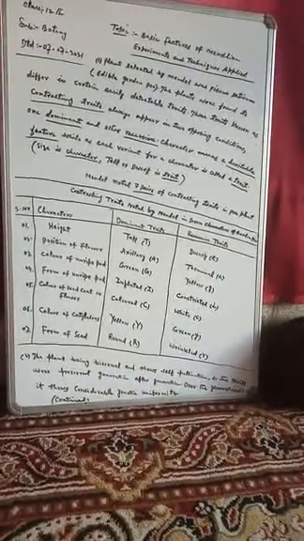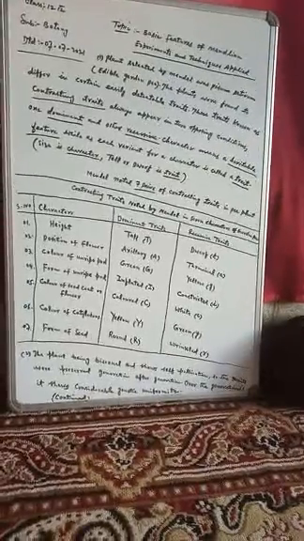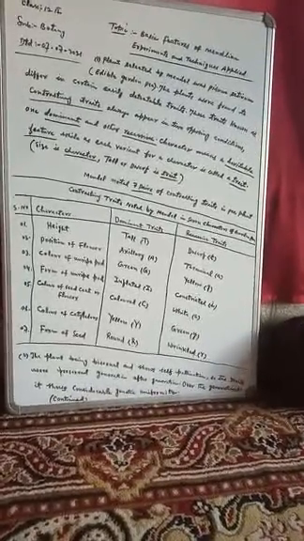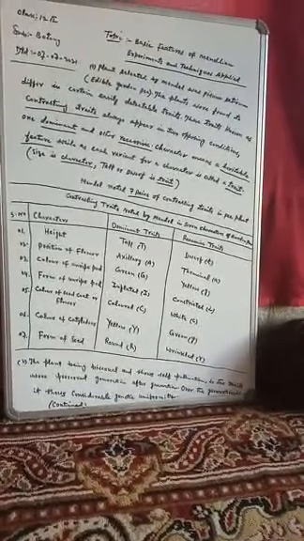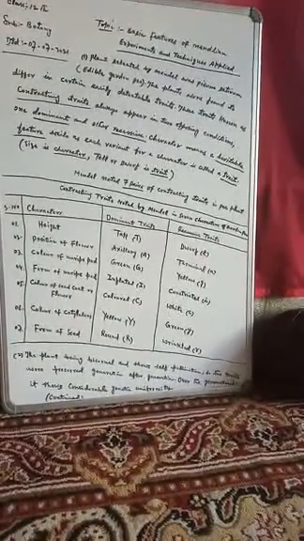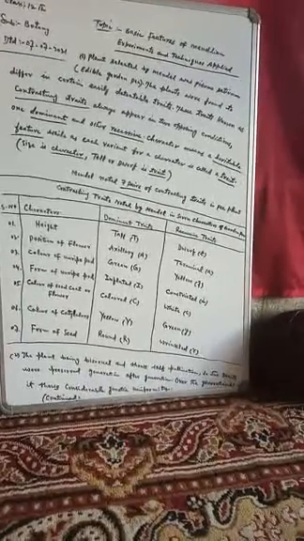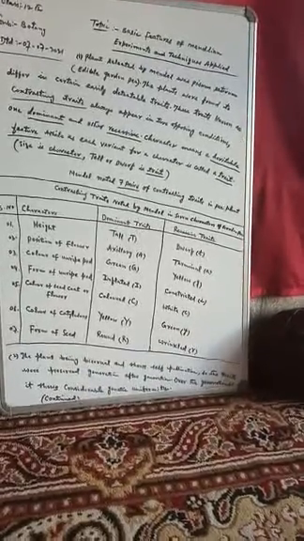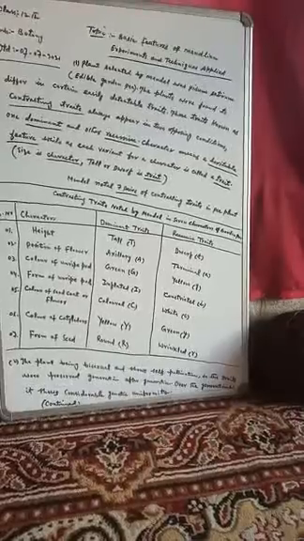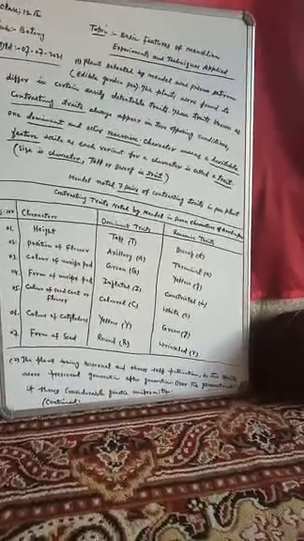The serial number 1 is the height, which is the character, and if it is dominant then it is tall, shown in abbreviated form by capital T, while if it is dwarf, that is a recessive trait, it is shown by small t.